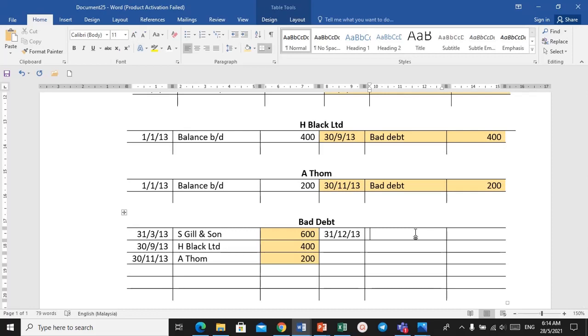So the type of final accounts that we need to record would be in the statement of comprehensive income. So get the total of these three, 300 plus 400 plus 200. So you get 1,200. So we get total of 1,200 both on the debit and credit.